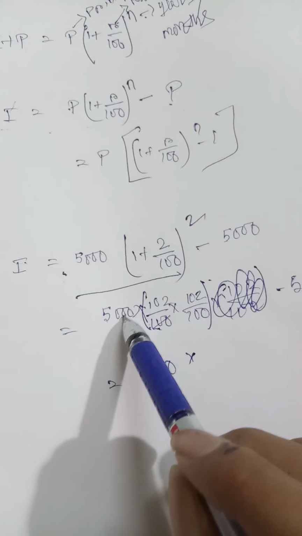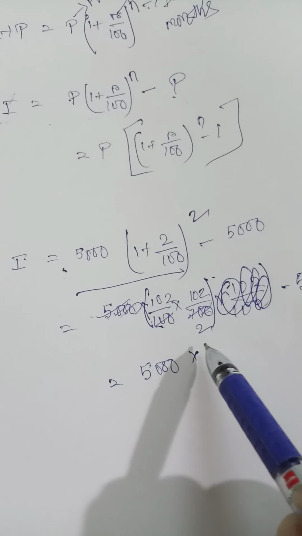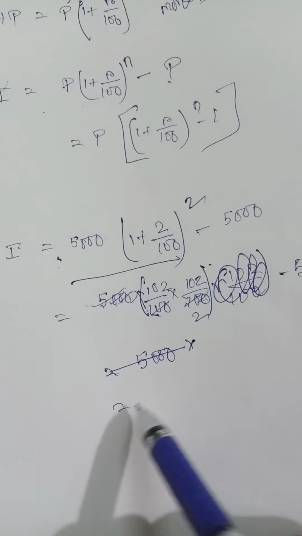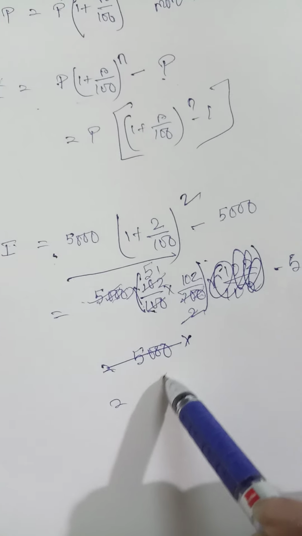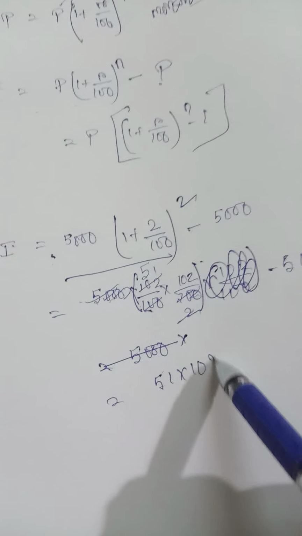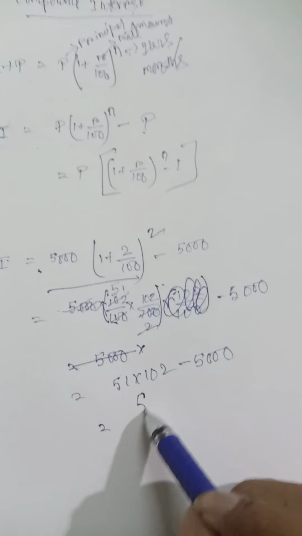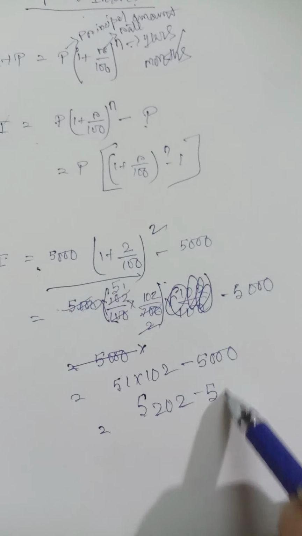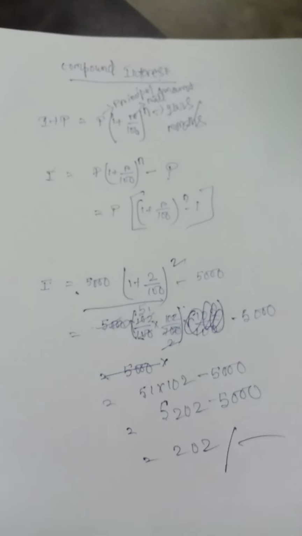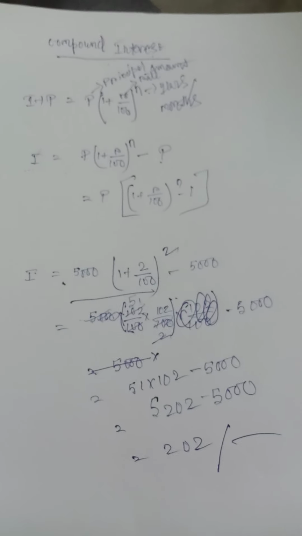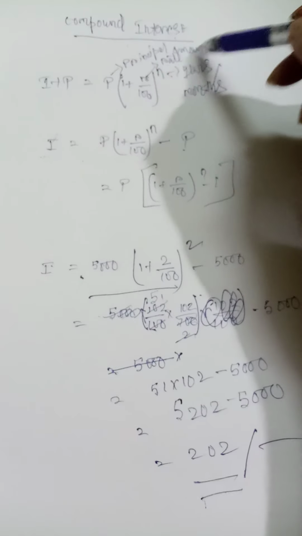We cancel these two zeros from here and one zero from here, and so hence we calculated the net interest, which is calculated in the compound interest way.